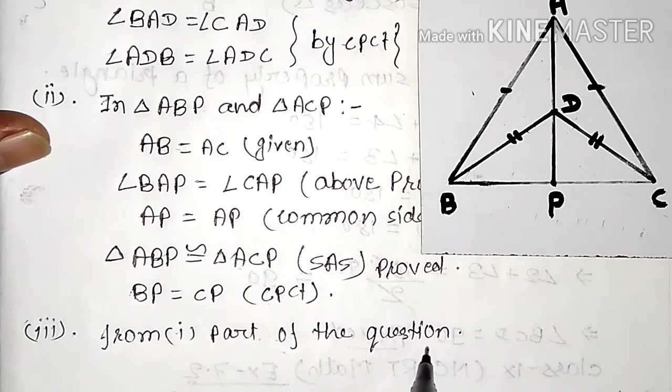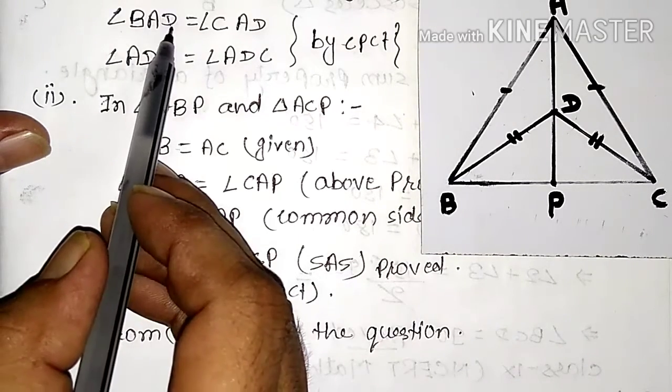From the first part of the question, it is given angle BAD is equal to CAD.